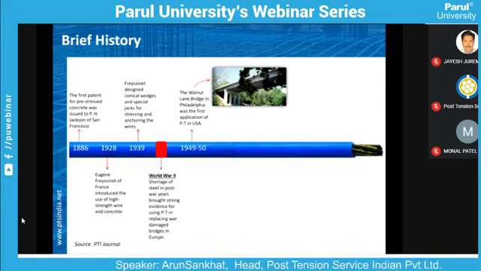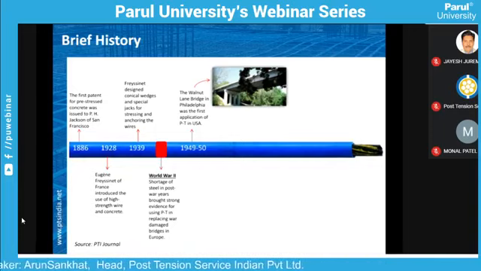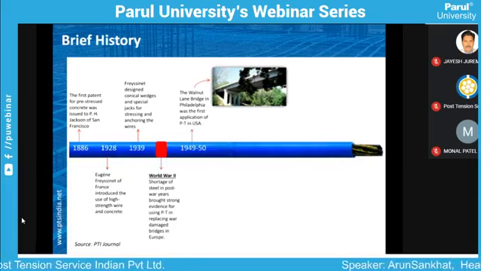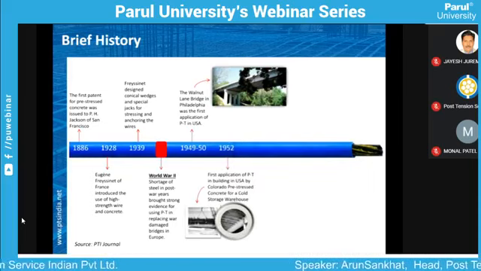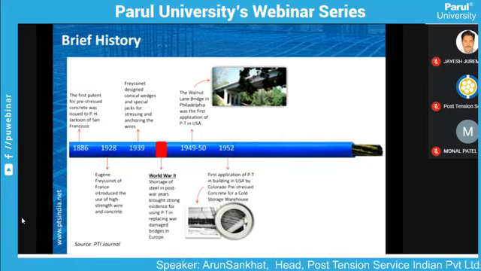In the 1949-50s, the first bridge was constructed in Philadelphia, the Walnut Lane Bridge, and this was the first application of PT in the USA. Then in 1952, the first use of PT in a building was in Colorado, for a cold storage warehouse building.